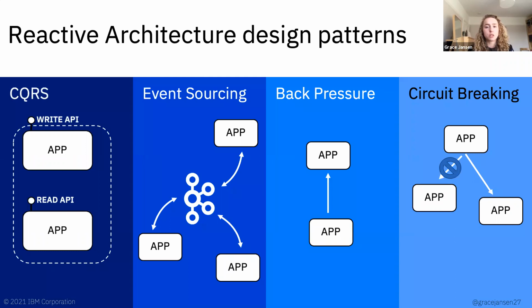There are various design patterns you can utilize. I've just got 4 here that are quite commonly used, and they include CQRS. CQRS stands for Command Query Responsibility Segregation, and that's essentially all about separating out the read and the write APIs to enable really high availability of the information within your application, so that you can respond to things like queries, commands, and responses.